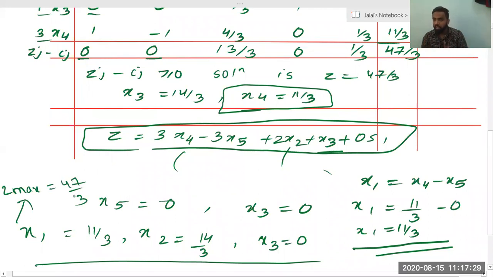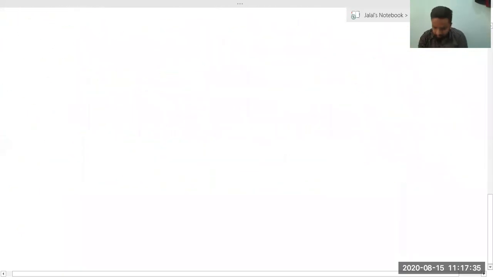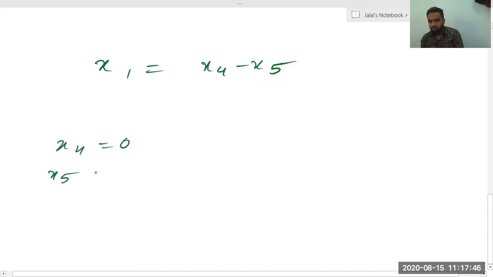Now what is very important for you to know, I'll just give you some hint. In unrestricted variables, this thing will happen. If you are assuming x1 to be equal to x4 minus x5, there are two possibilities. You might get x4 and x5 both equal to 0, and that means your final iteration will have x1 equal to 0. This is the first condition.